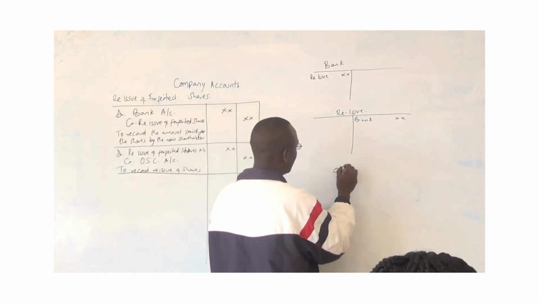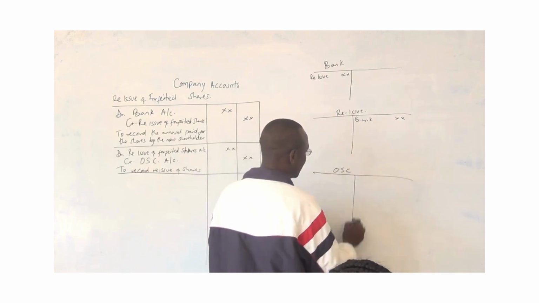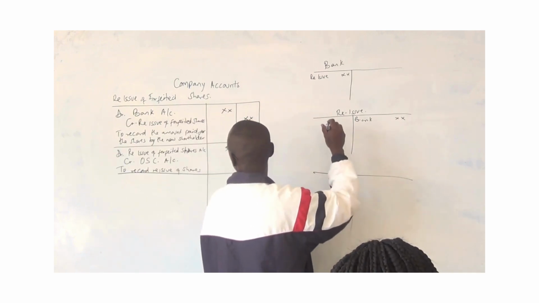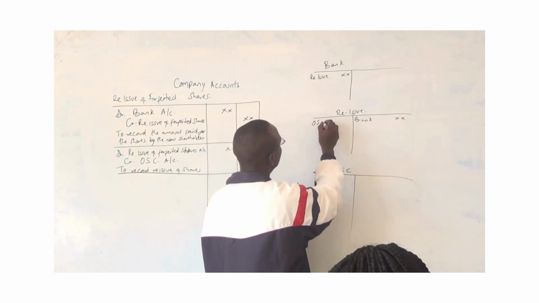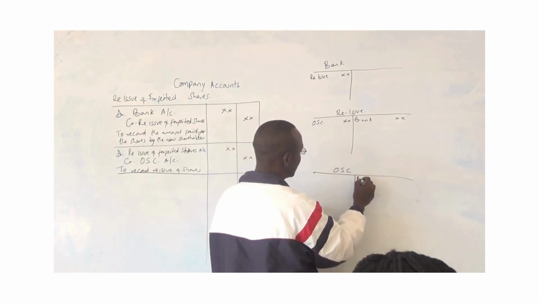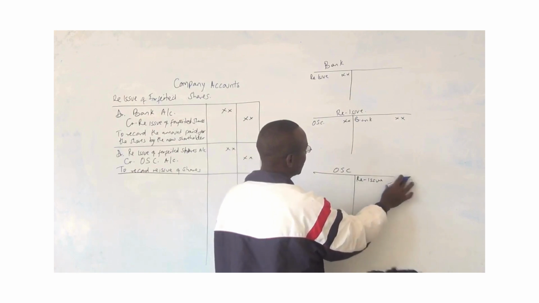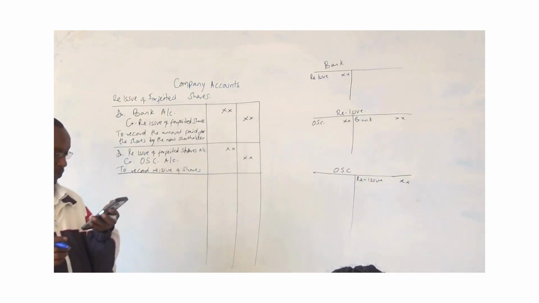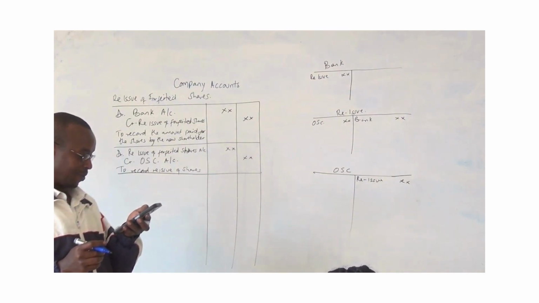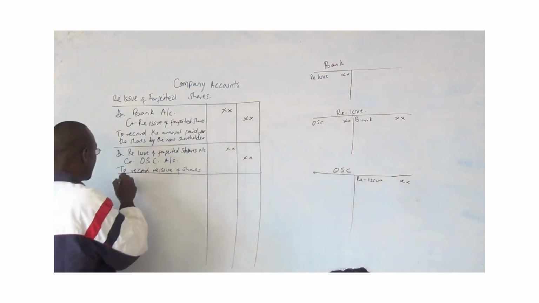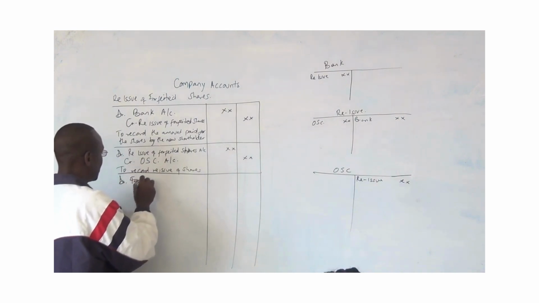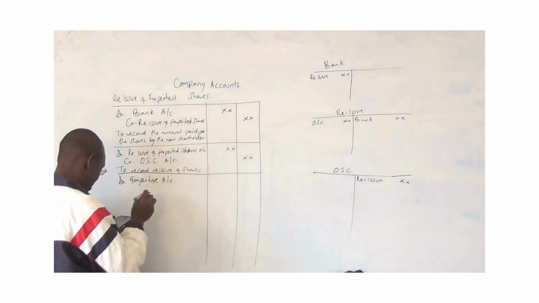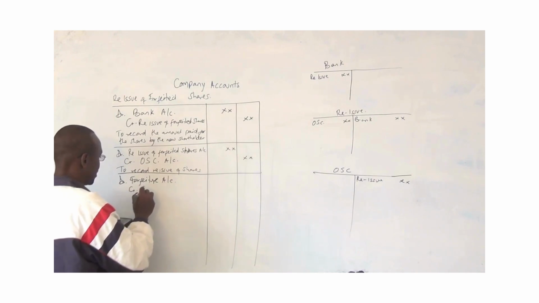So, the ordinary share capital account. This one, you debit the reissue and credit ordinary share capital. Then the final step, you debit forfeiture account and credit share premium.